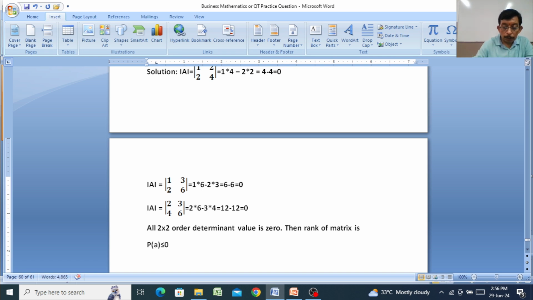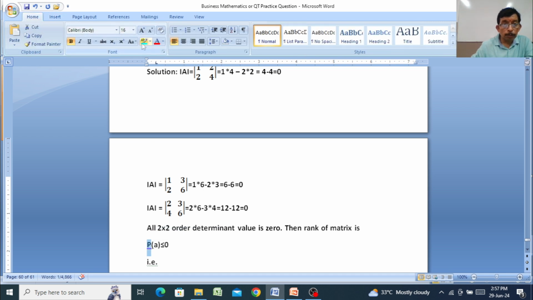Less than or equal to 0. That is, the rank of matrix A in the rank of matrix P. A in the rank A is the capital P A is equal to 1.